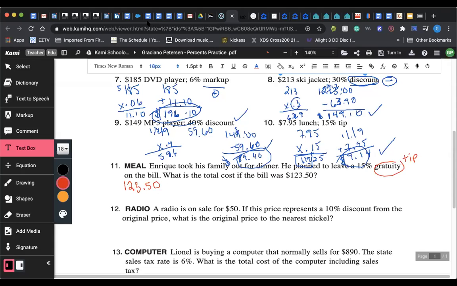All right, so Toya got that by multiplying the $123.50 by 0.15, right? And then we're going to go ahead and do that. 25, 32, 17. Thank you. We have 61750. I'm just going to rewrite it because I can't see it.